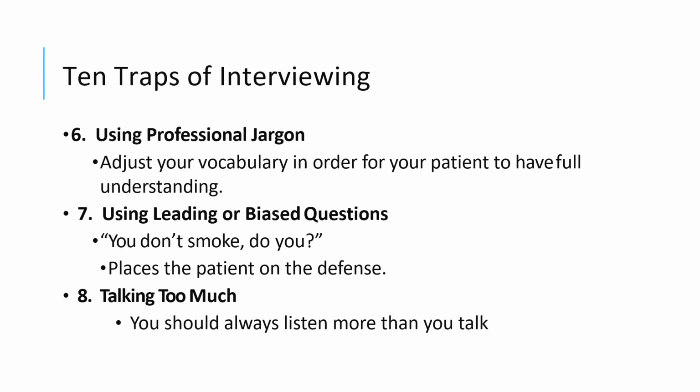Number 6 is using professional jargon. We need to make sure that we are using proper terms that the client understands. You are fixing to learn a lot of medical terminology. A lot of it you've never heard before, especially if you've never worked in the medical field.